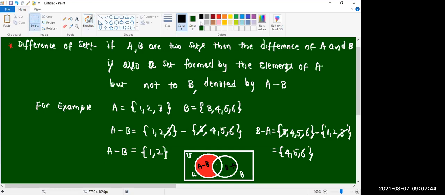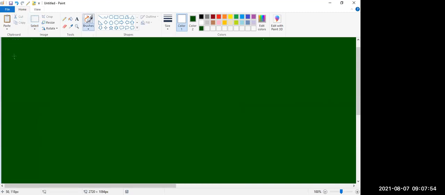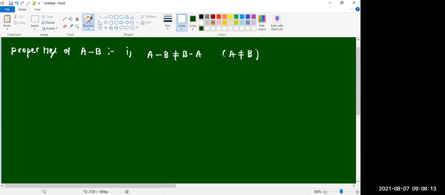Properties we should write now for this. Properties of A minus B. First one is A minus B not equal to B minus A, if A not equal to B. Second one is A minus A equal to how much?